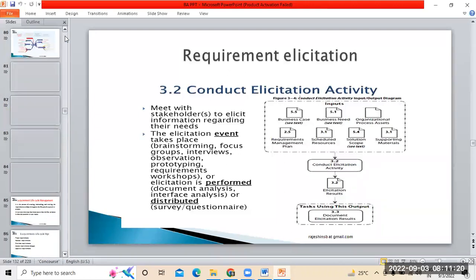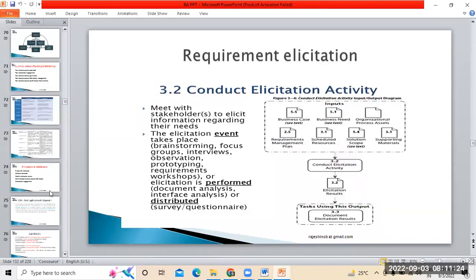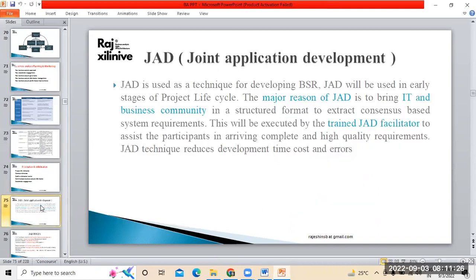Among these, as far as requirement elicitation and collaboration is concerned, one of the major activities we follow is JAD. JAD session means Joint Application Development session.